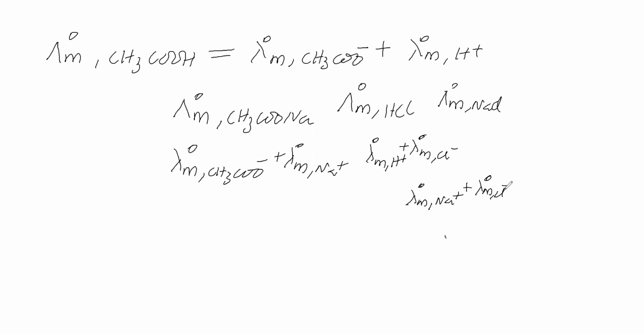Now you see that these values we know from the graph. This value we do not know from the graph. Sodium acetate we have written like this, HCl like this, NaCl like this. If you take these three for a certain mathematical operation, such that we will get this one, which is nothing but this.